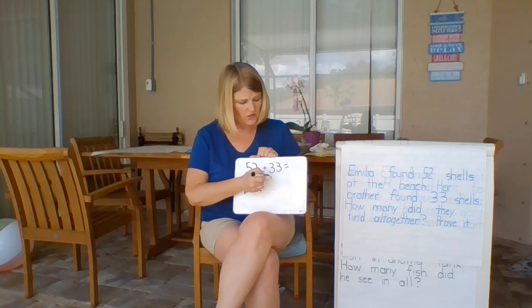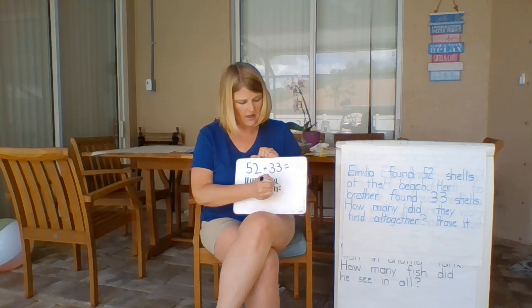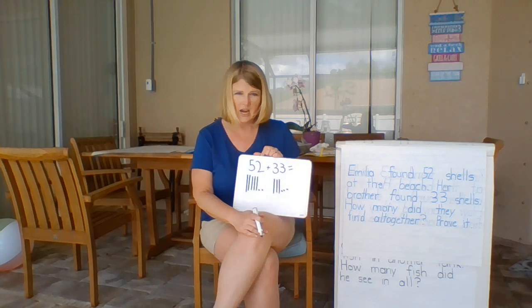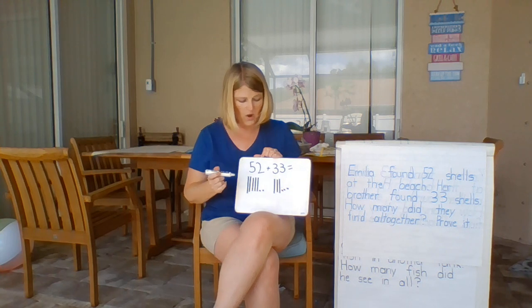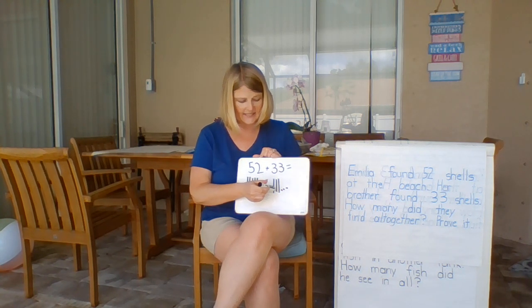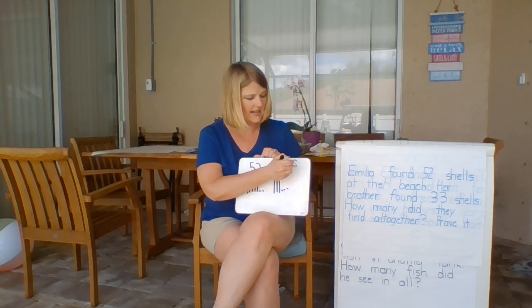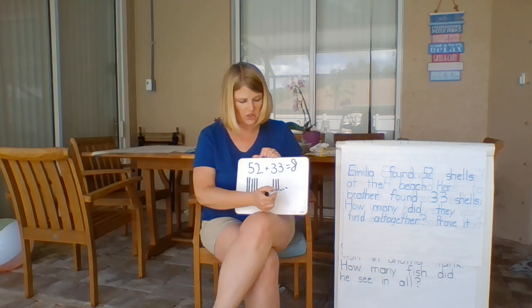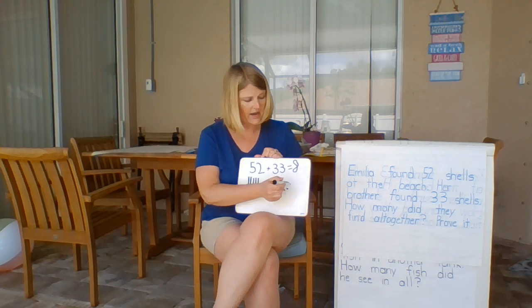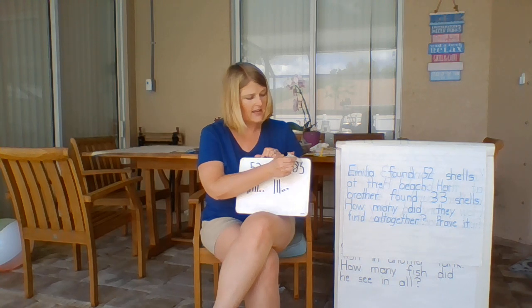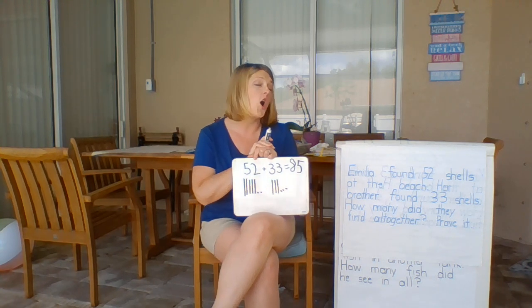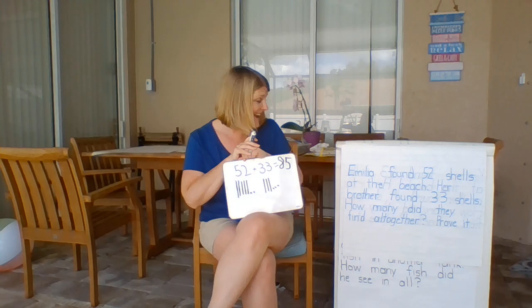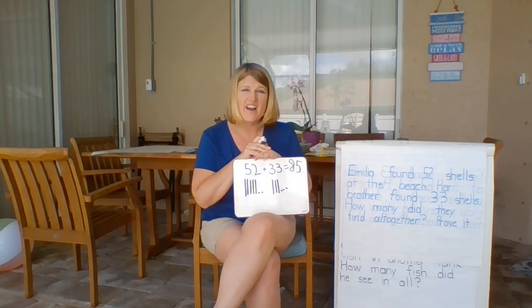They did 33 by drawing the picture, 10, 20, 30, 31, 32, 33. And then they counted their 10s and 1s all together. 10, 20, 30, 40, 50, 60, 70, 80. So they knew that's an 8 in the 10s column. And 81, 82, 83, 84, 85 in the 1s column. So all together, Amelia and her brother found 85 shells.